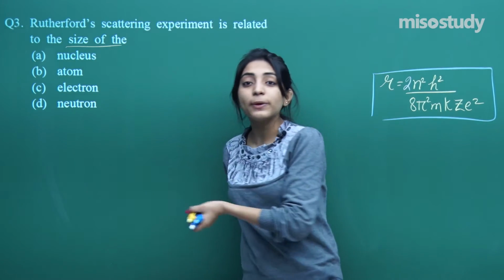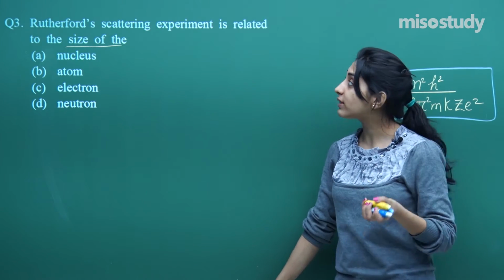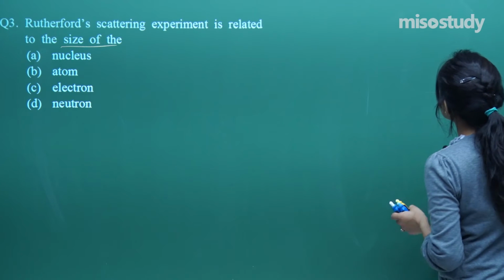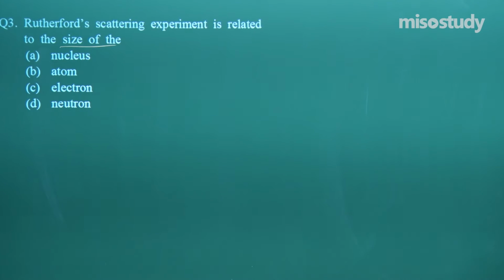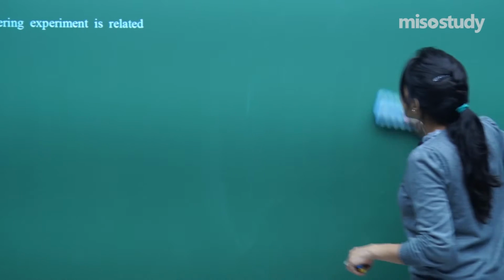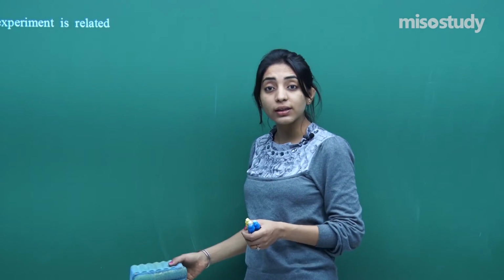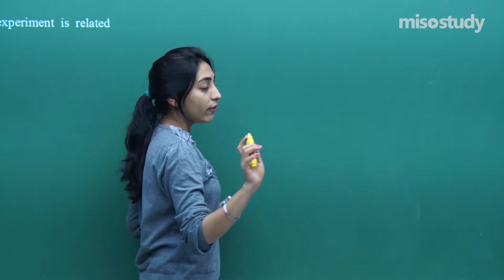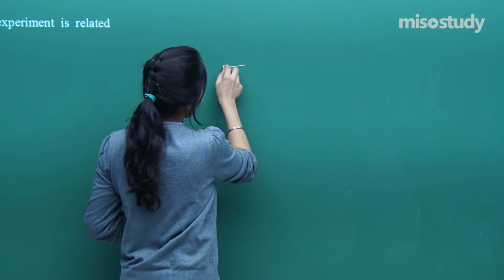The question simply is talking about Rutherford's alpha scattering experiment. And while Rutherford's alpha scattering experiment was done, these kinds of formulas were not taken into consideration. What was done in Rutherford's model of an atom? See, we have already done it, no?